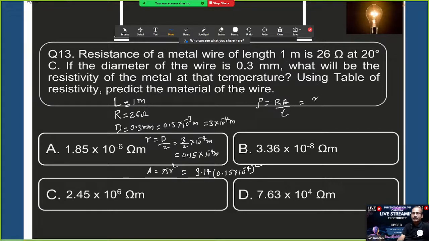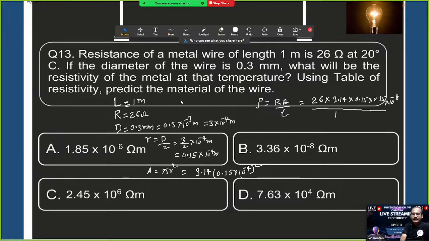So the R value is 26 ohms into 3.14 into 0.15 into 0.15, because that is a square, and 10 to the power of minus 4 whole square, which is 10 power minus 8, by the length value. How much is it given? 1 meter. So after multiplication you can choose the right answer.